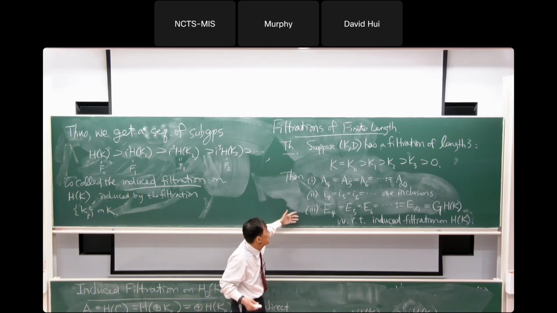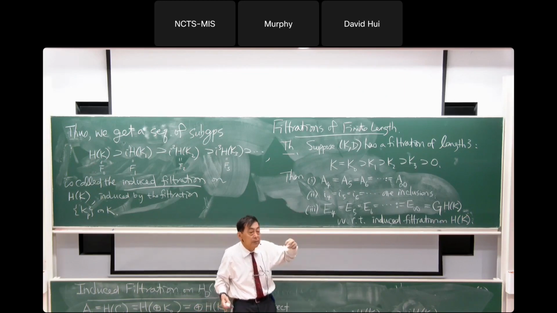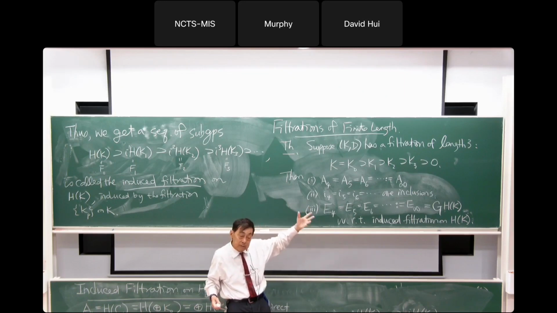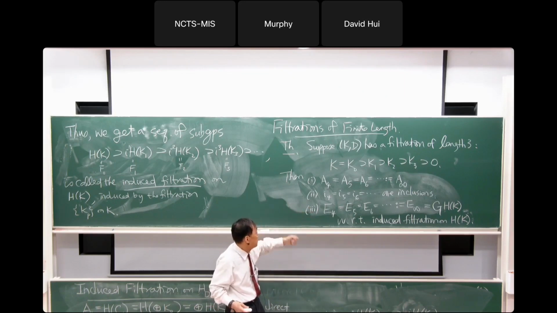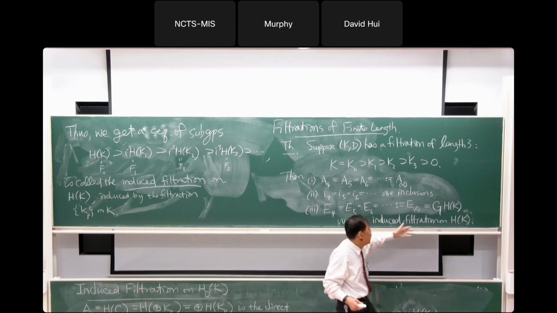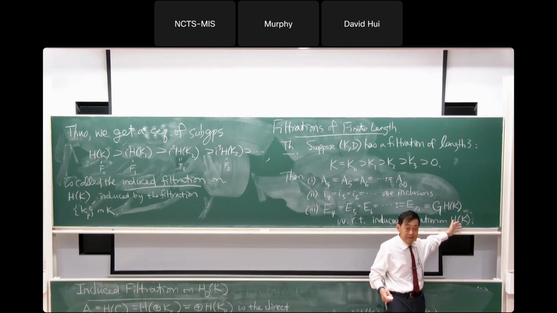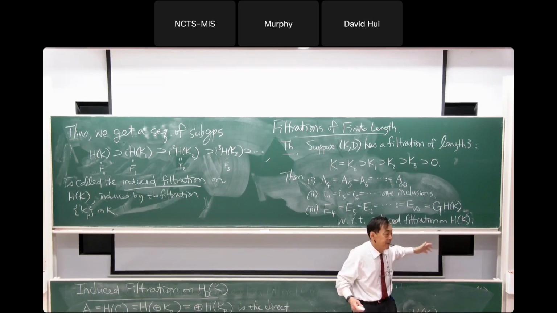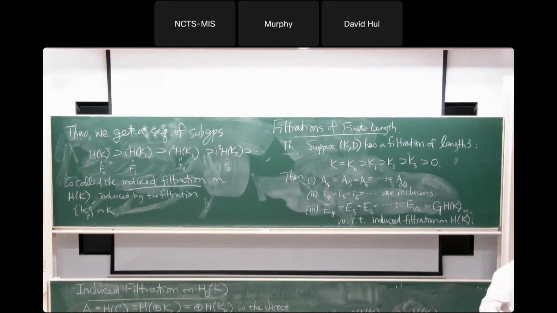So what the theorem says is that if you start with a finite filtration of length 3, then after you turn a few pages, when you get to page 4, you find the cohomology of the double complex. And we'll do specific examples to show you that it actually computes cohomology. But let's try to prove this theorem, okay?